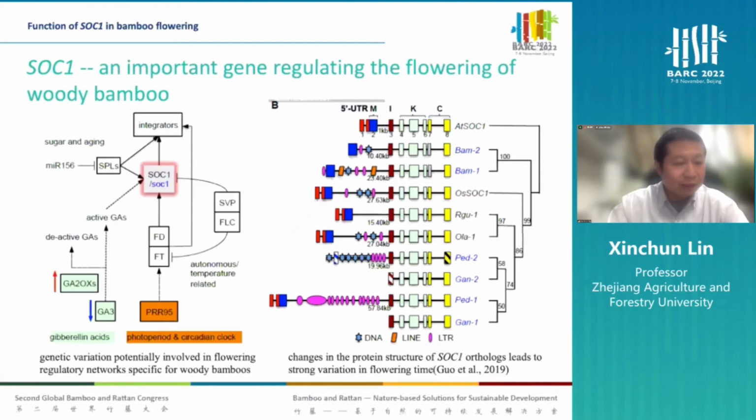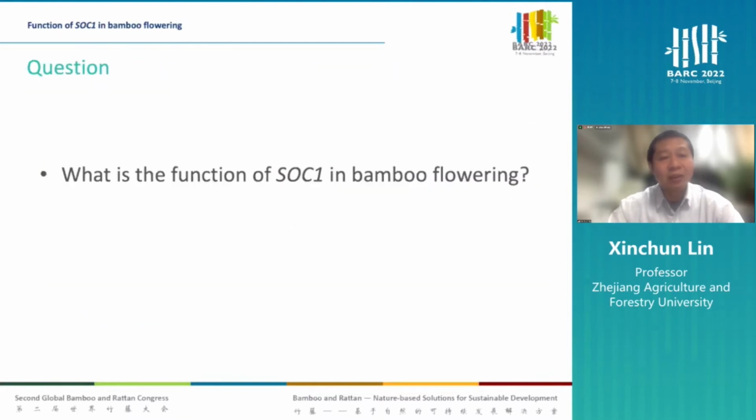After analysis of the genomes of several bamboo species, Guo et al. found that there are many changes in the protein structure of SOC1 orthologs in different bamboo species, and these changes lead to strong variation in flowering time. So our question is, what is the function of SOC1 in bamboo flowering?